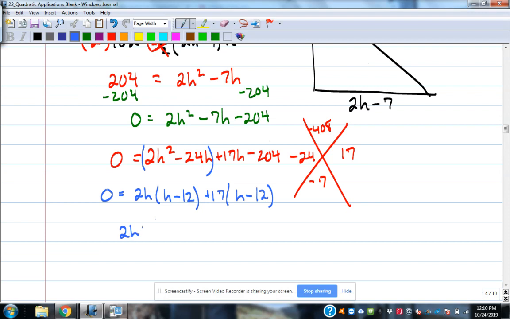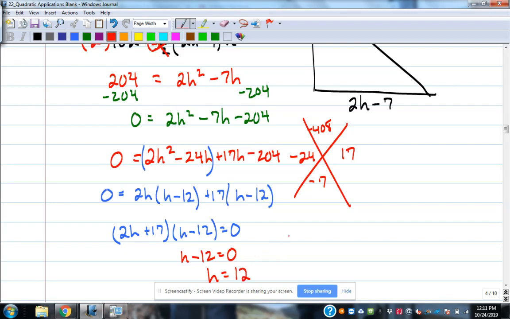So we have 2h plus 17 and h minus 12. Which of those do we know is the only one that we really have to solve? Because the other one is going to give us what? A negative, and the h is one of our dimensions for this problem. So that's why we know we can really just throw that one away.